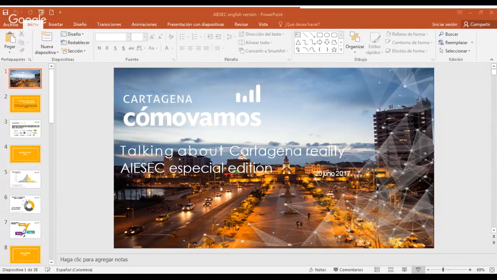Cartagena de Indias is a city with 1,013,375 people, as we can see in the chart, according to DANE for the year 2016. 96% of this population live in the urban area, and the rest, 4%, live in the rural area.